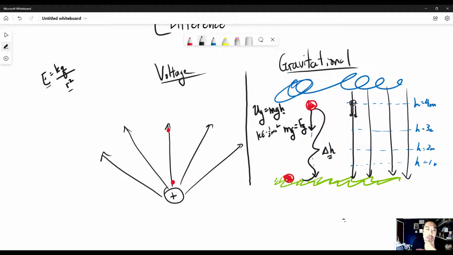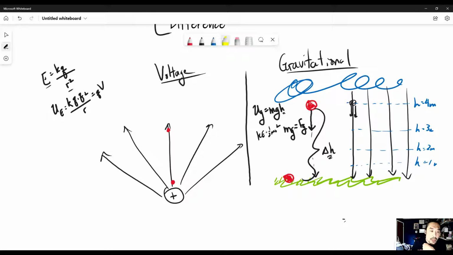And much like the gravitational field, we can also discuss that a charge stored within the field can experience an electric potential energy, and that was from the previous video. U_E is equal to, let me check my notes, kQ1Q2 over r, or the other version, qV.